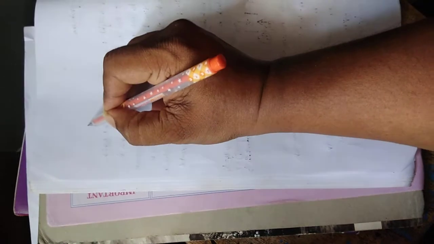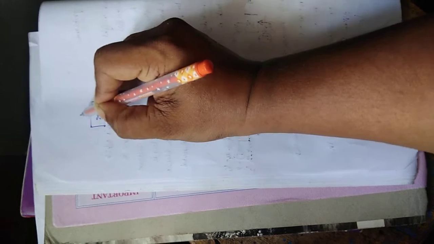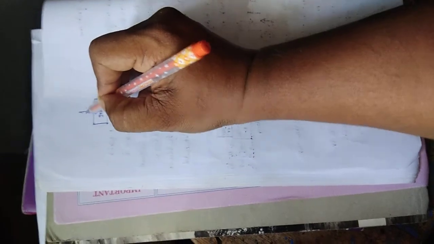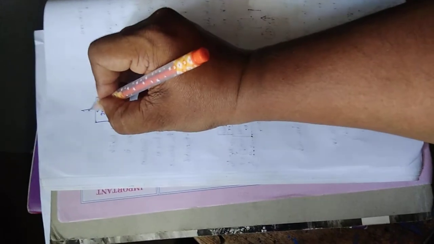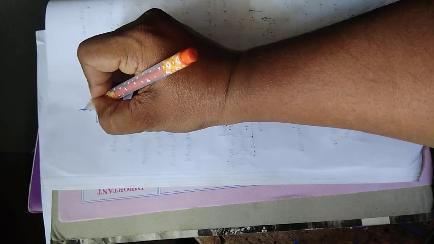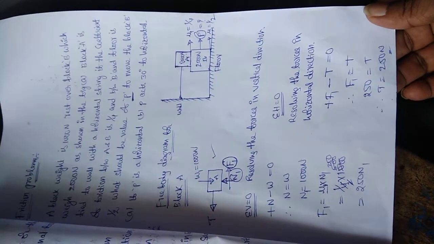Now we are trying for the second block, the 2000 Newton block. For this 2000 Newton block also we have some weight W2, and for this block also we have some normal force N2, as shown in the diagram.